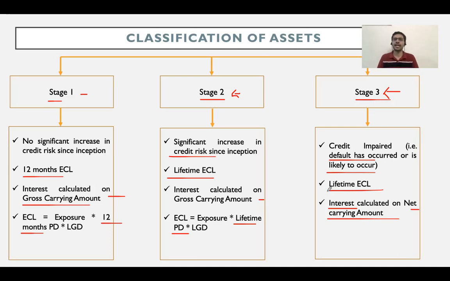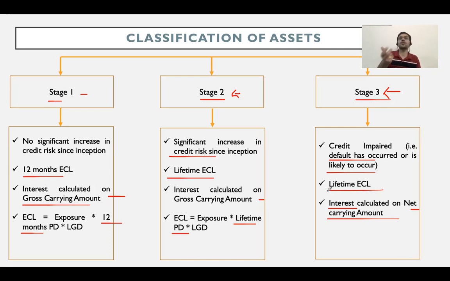And RBI's provisioning norms required banks to recognize provision for doubtful advances on all categories of loans. It required banks to recognize provision on standard, substandard, and non-performing assets. All right, just that the percentages used to increase. For standard, it used to be a lower percentage. Substandard, it used to be a higher percentage. NPAs, it used to be a much higher percentage.